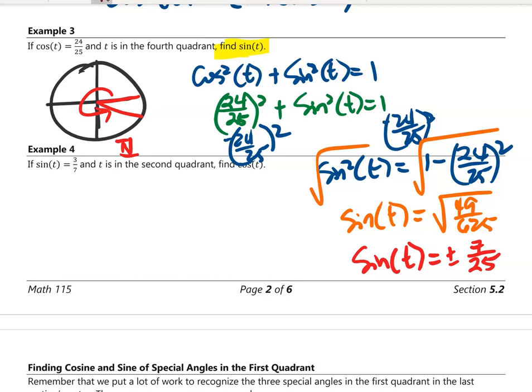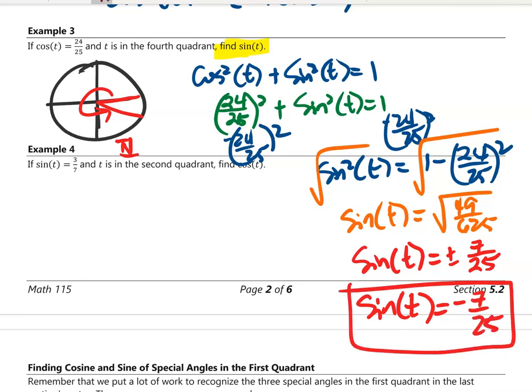And since it's in the fourth quadrant, sine, meaning the y value, is negative. So negative 7 over 25. Sorry, I used this space.